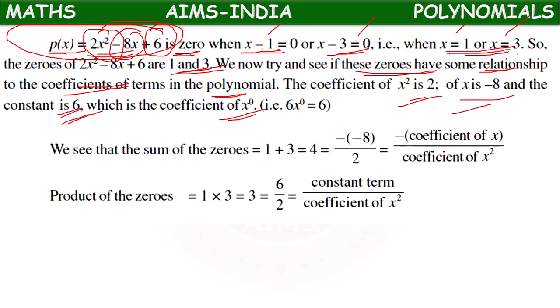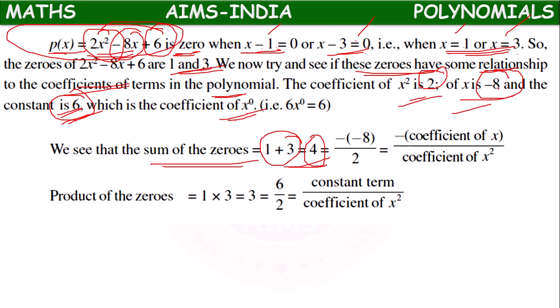The sum of zeros is 1 plus 3, which is 4. But with the help of coefficients, is there any possibility of getting 4?